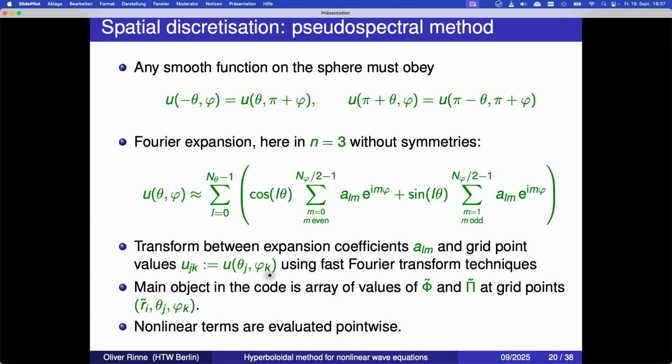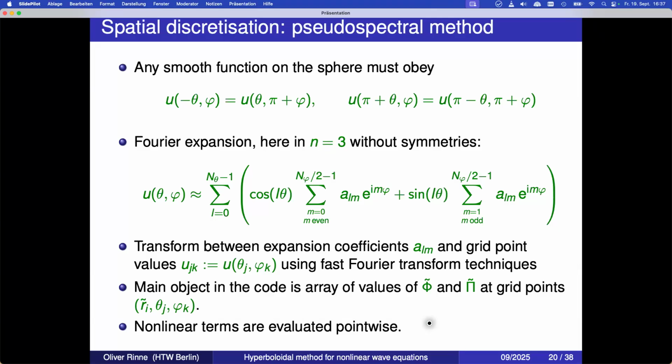So the main object in the code is actually the array of point values of these unknowns, which are phi tilde and pi tilde, at these grid points. And all the nonlinear terms, especially the nonlinear term in the wave equation, are then evaluated point-wise. So at each grid point, I compute this pth power of my phi tilde here.